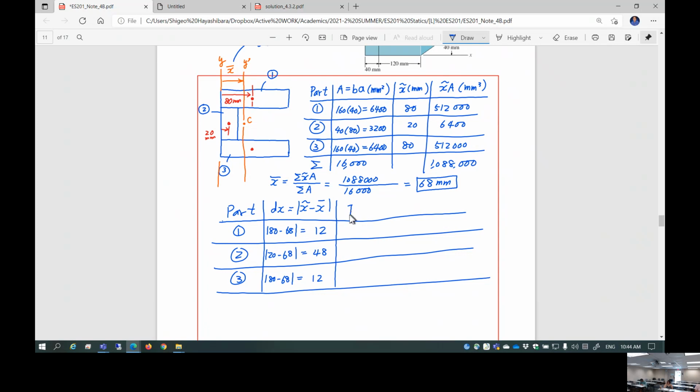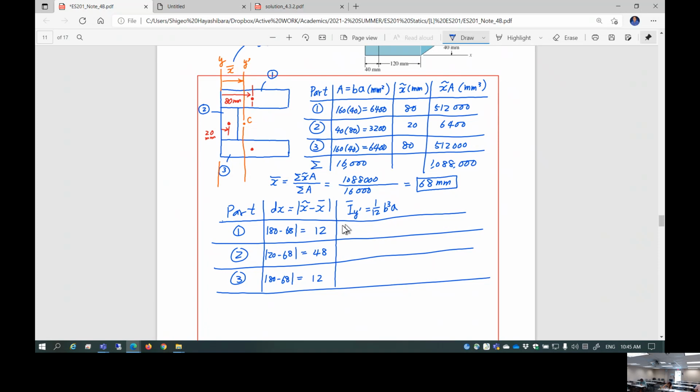The other one is the local moment of inertia, Iy prime bar. This is 1 over 12 B cubed A, sorry about that. You're going to look at the B and A information here of the area.